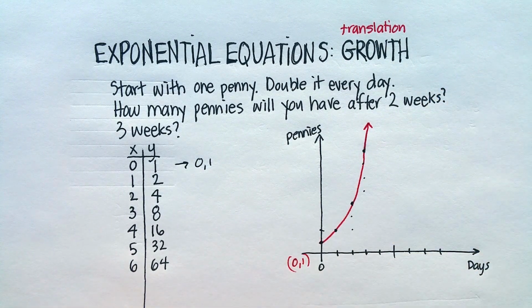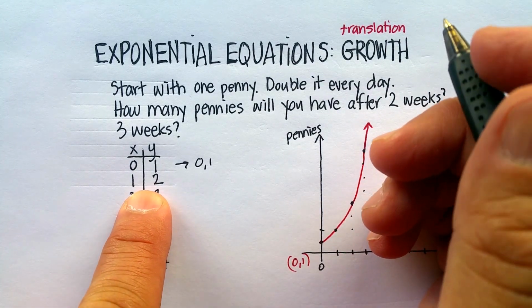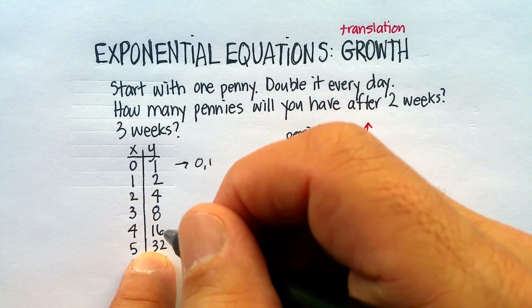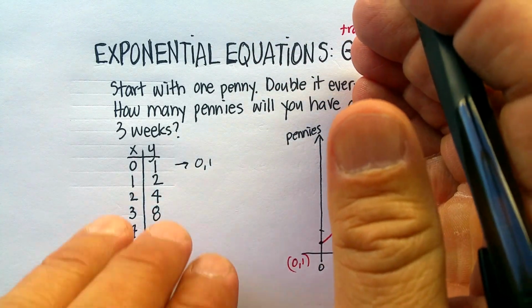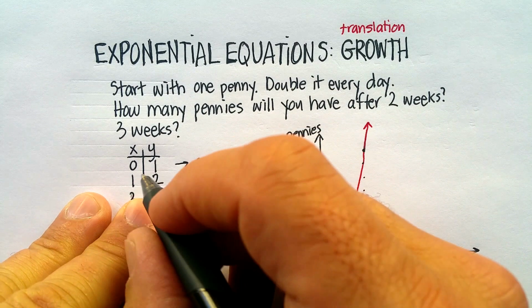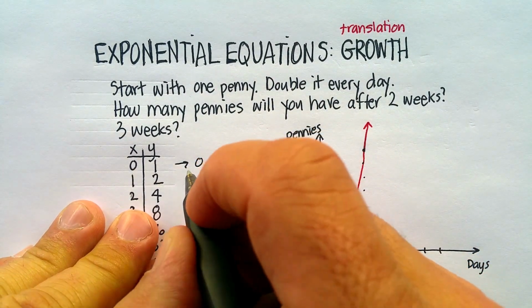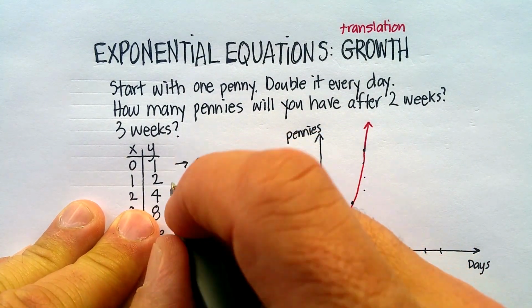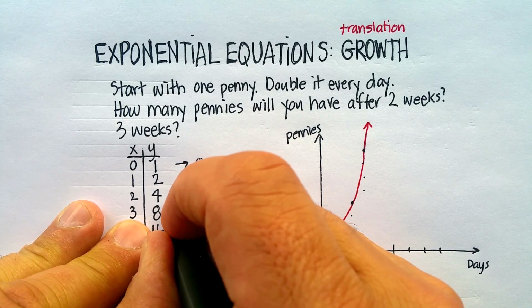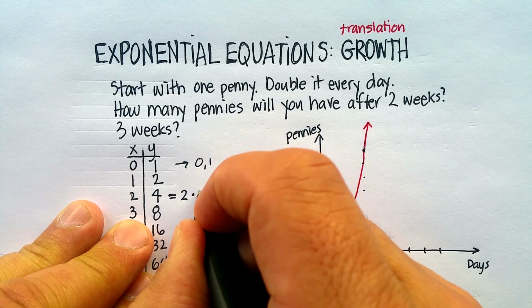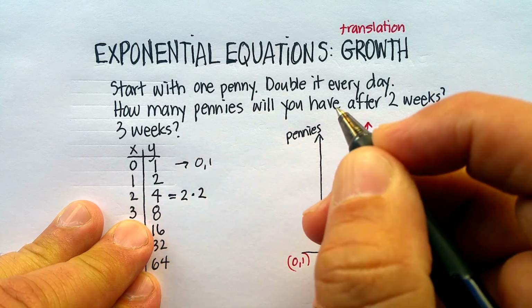Okay? How can I write an equation that represents this growth? All right, so let's just see. Let's go back over here and see how we can maybe rewrite some of these. So I know that here is 2, and this is double, right? I can also rewrite 4 as 2 times 2, right?